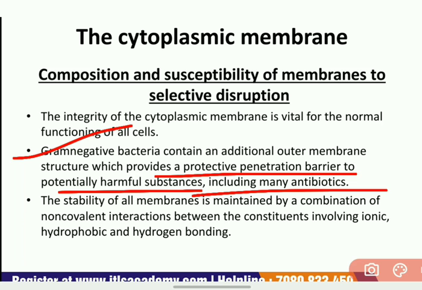As we know, in gram staining, a purple color is obtained in gram-positive bacteria, while after washing with alcohol, the color is removed from the gram-negative bacteria. This is because of the additional outer membrane, that is the lipopolysaccharide membrane, present in gram-negative bacteria.